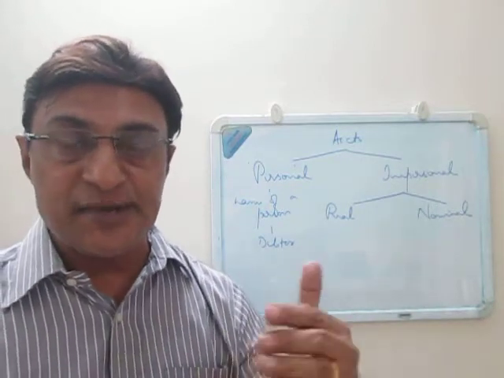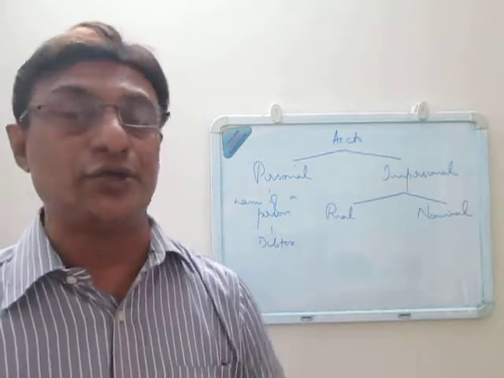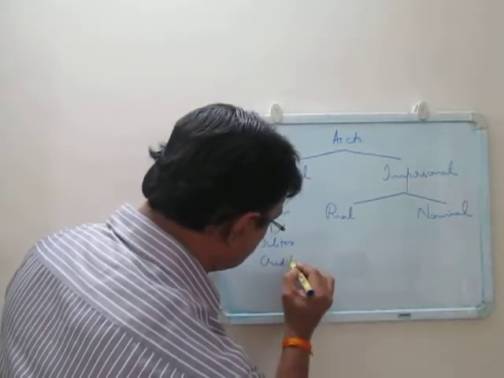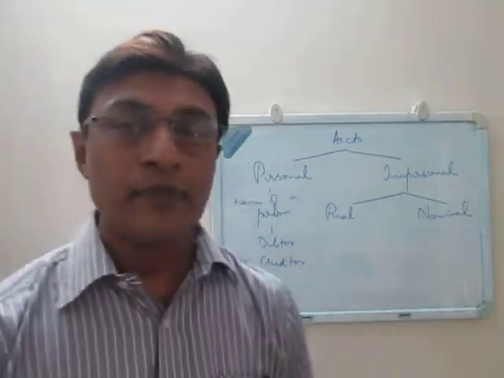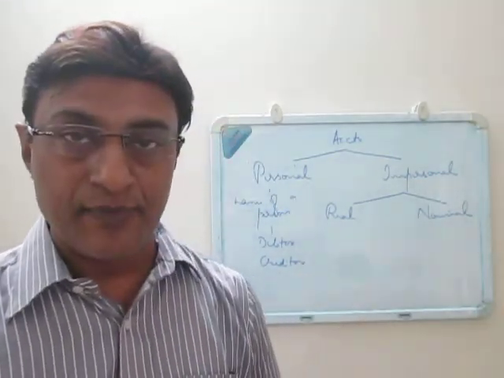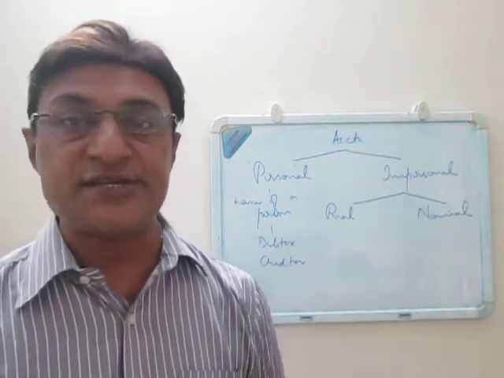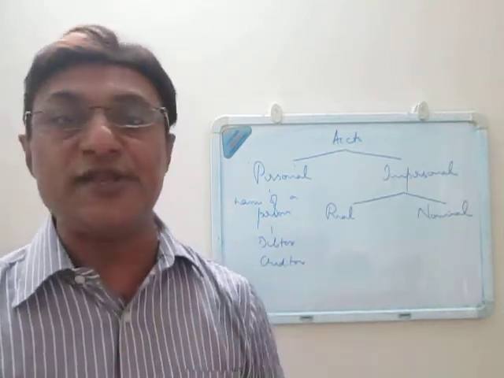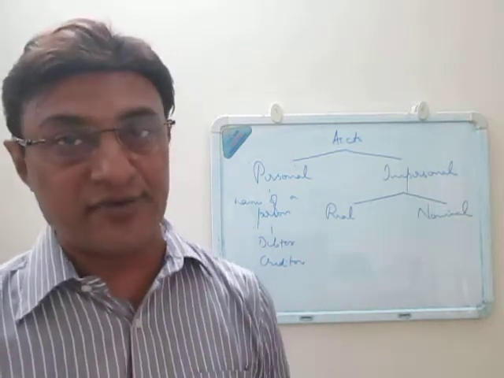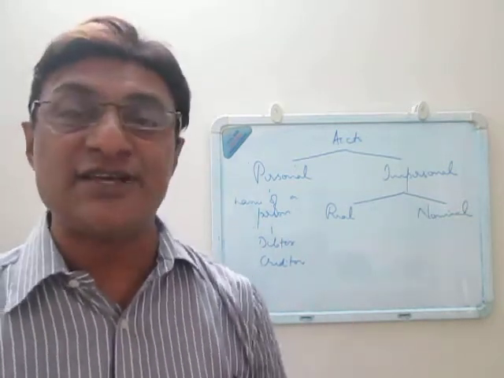So a debtor is a person who owes money to the business, or it could be a creditor, a person to whom the business owes money in respect of a purchase, in respect of an expenditure, where the transaction has happened but the payment for the transaction has not been effected.